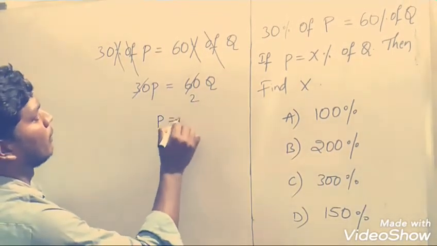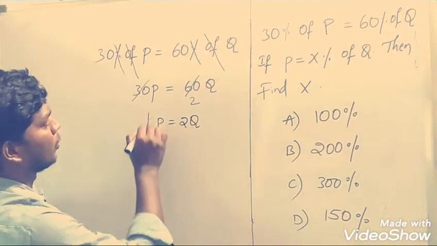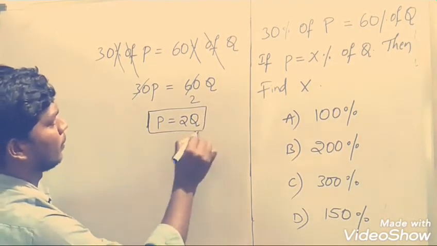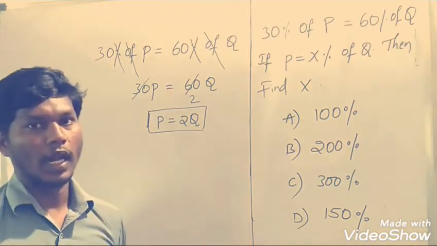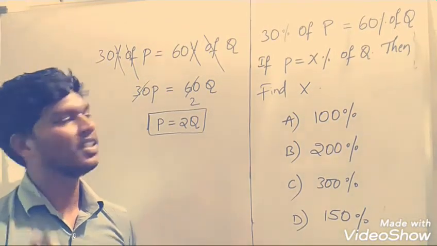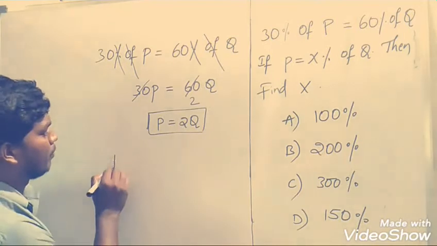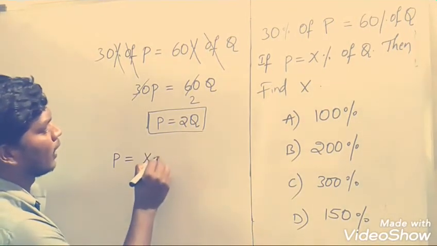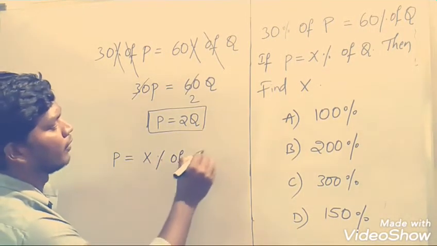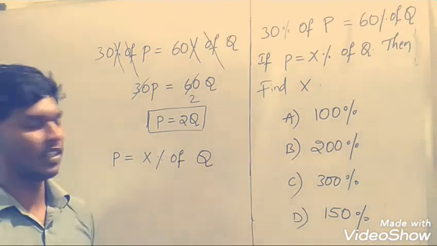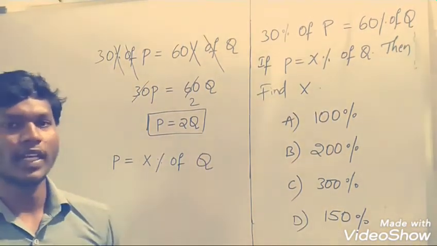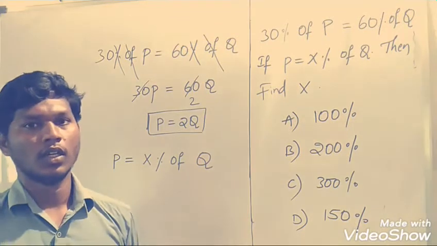So finally P is equals to 2Q. P is equals to 2Q. And one more statement he has given that if P is equals to X percent of Q. Okay friends. And he is saying to find X.